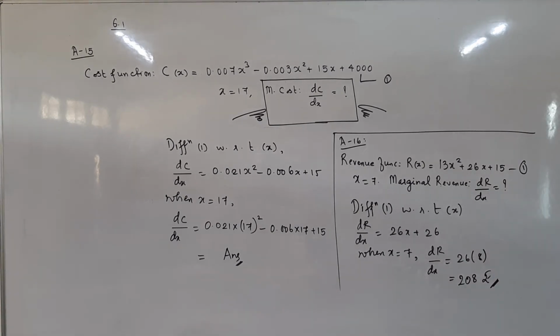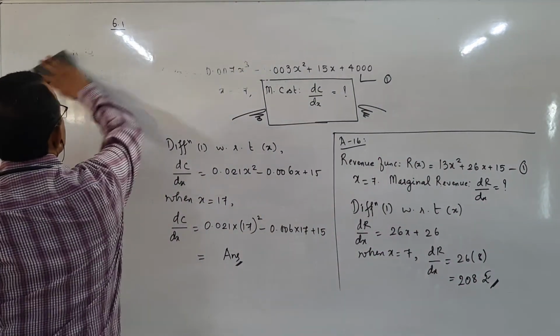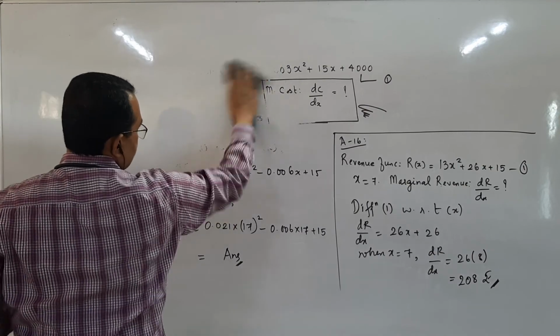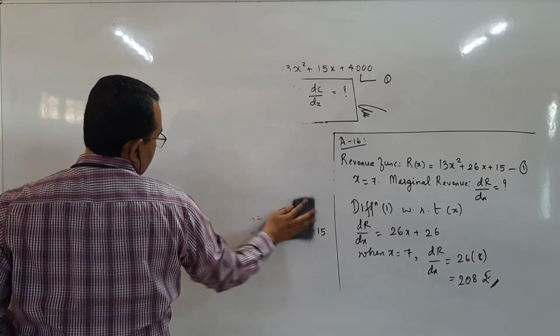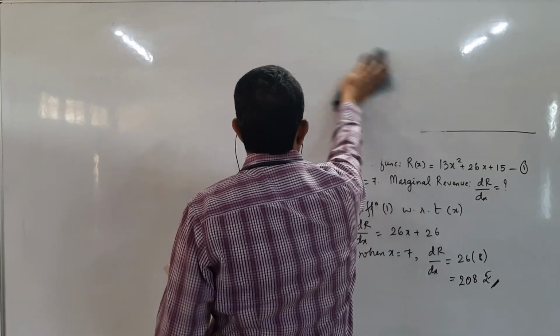So very easy. These are the topics which are used in commerce, but from the derivative point of view, we only have to remember that the formula for marginal cost is dC by dx, and the formula for marginal revenue is dR by dx. So this completes our long sums of exercise 6.1.